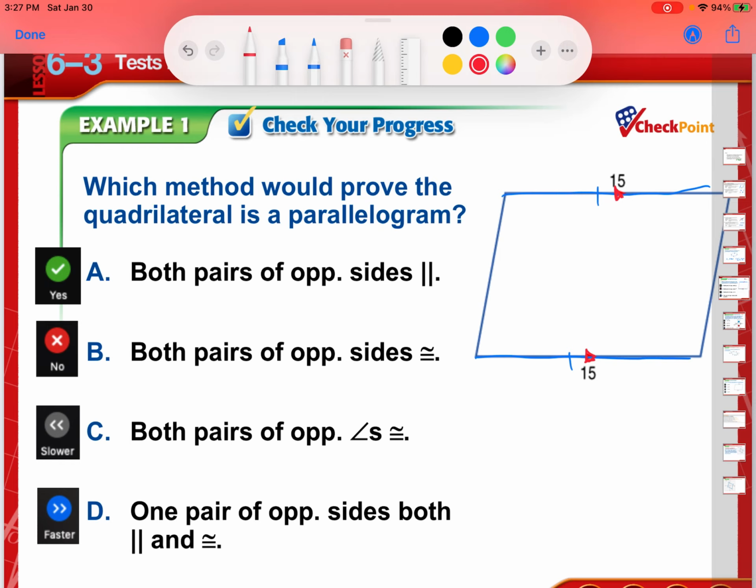One pair of opposite sides is both parallel and congruent. These aren't wildly terrible because you pretty much just have to look at the picture and say, okay, what's there? In this case, we have opposite sides that are congruent and parallel. So we chose D, the one that said parallel and congruent.